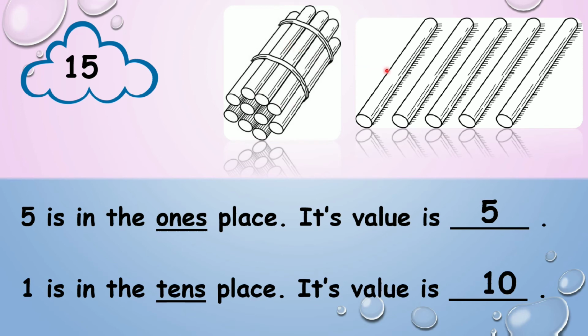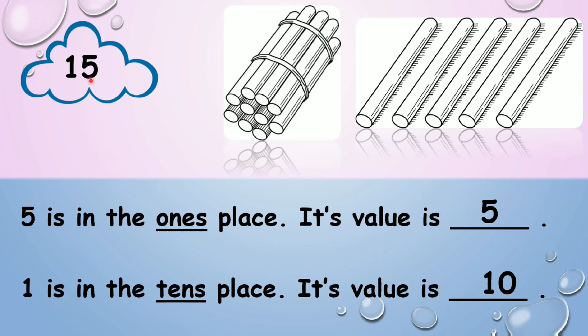And then we've got additional independent sticks. Let's count to see how many they are. 1, 2, 3, 4, 5. These are 5 sticks. So 10 plus 5 gives us a total of 15.